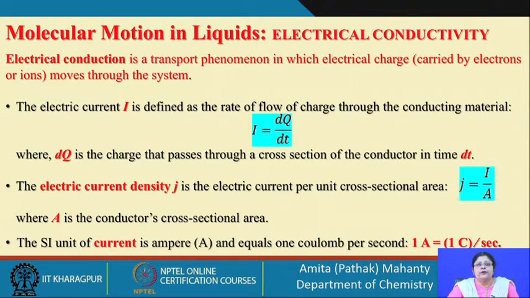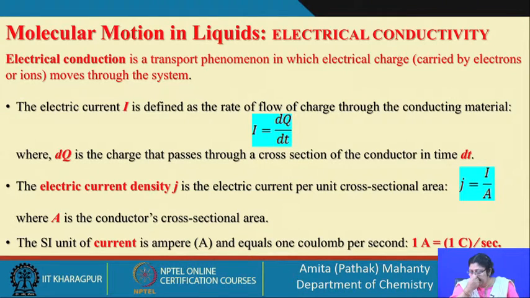So, if the electric current which is generated is I, and this electric current is passed through a cross section area A of the conductor, then the electrical current density is nothing but J equal to I by A.